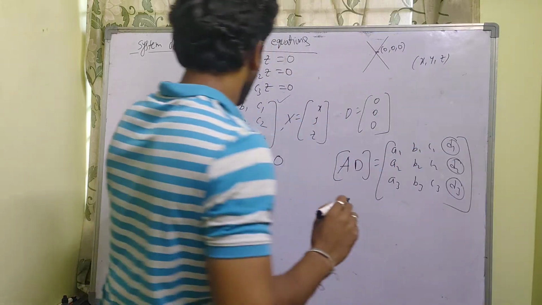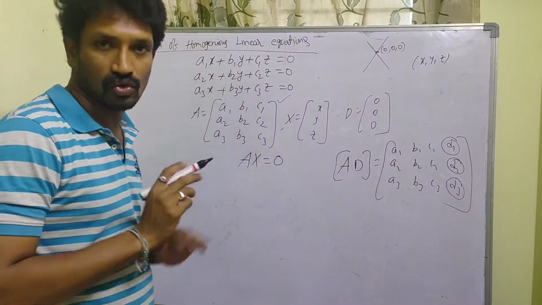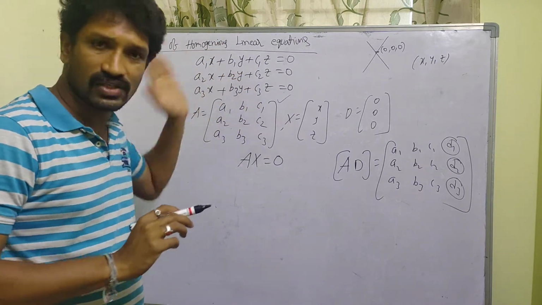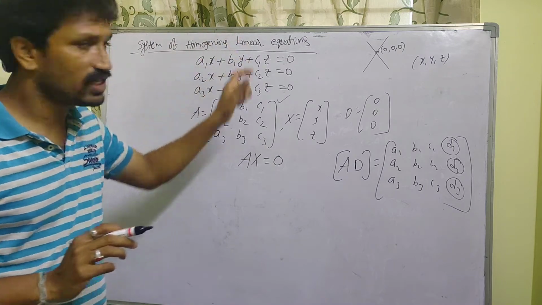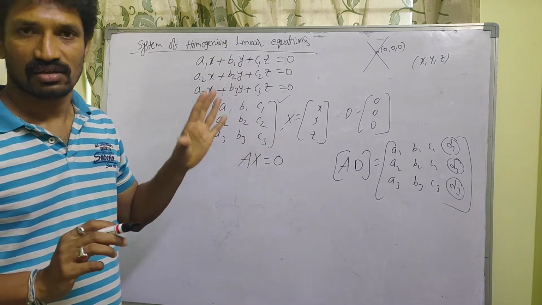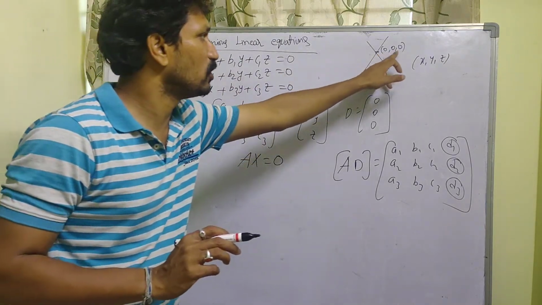So for every homogeneous equation, zeros are the solution. So it always has a solution. Homogeneous equations are always consistent. They are never inconsistent. Remember, always consistent because of this 0, 0, 0.